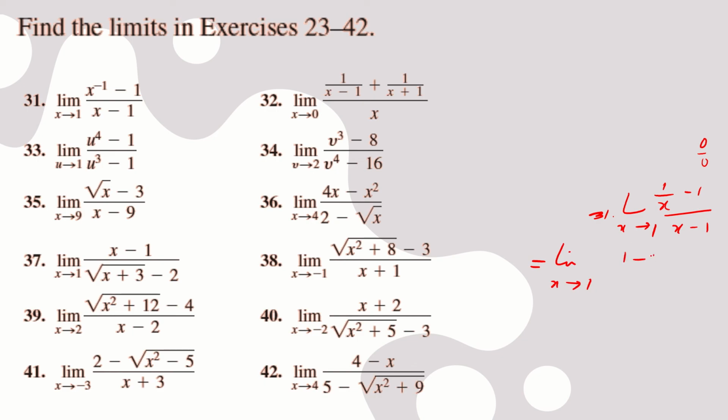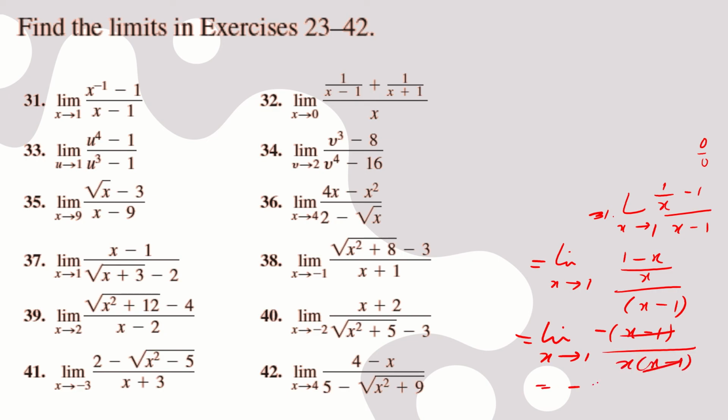So we get 1 minus x divided by x, and then we may take minus common from it, so we have x minus 1. So we get limit x goes to 1, taking minus common, minus of x minus 1 divided by x into x minus 1. We can cancel these together, and then applying the limit would give you minus 1.